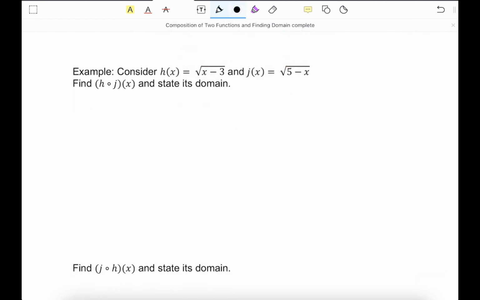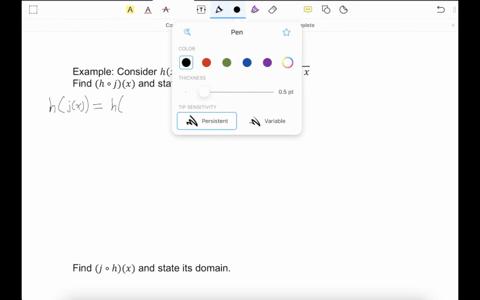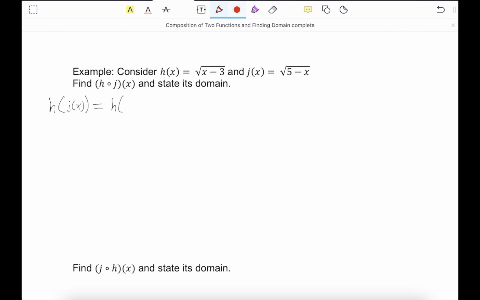For this one, we have two square roots, and we're first looking for h of j of x, and this is h of the square root of 5 minus x.